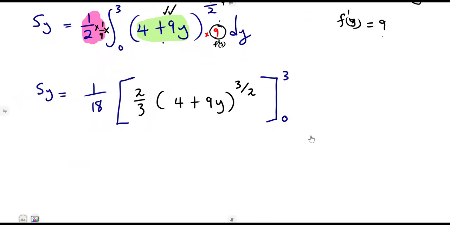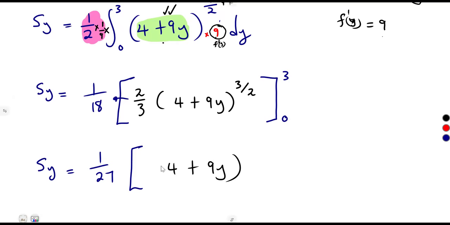The 2 over 3, you can take it outside. 2 over 3 times 1 over 9 is going to give us 1 over 27. Then we can properly apply our limits on 4 plus 9y to the exponent of 3 over 2.